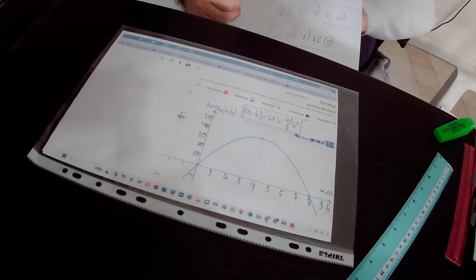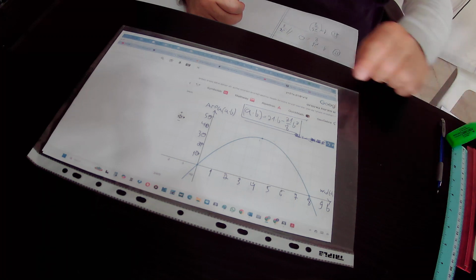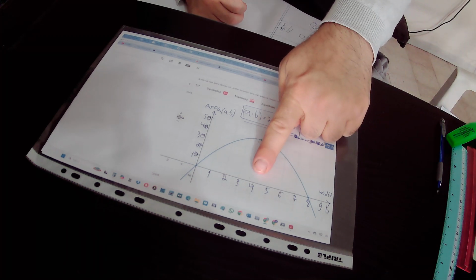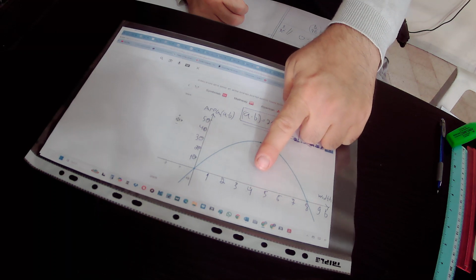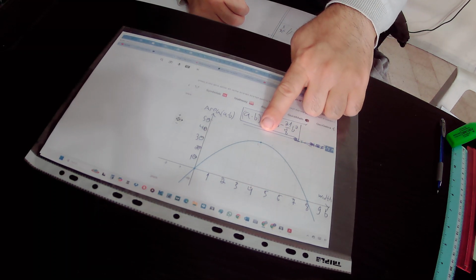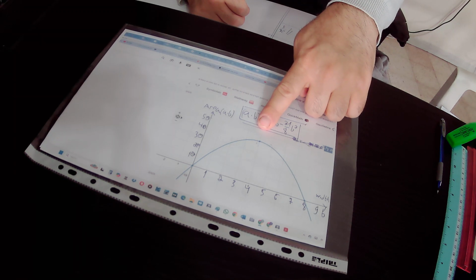And from the graph, we can easily see that when b equals 4 units in its length, then the area is a little bit more than 40 square units, and it is definitely a maximum extreme point.